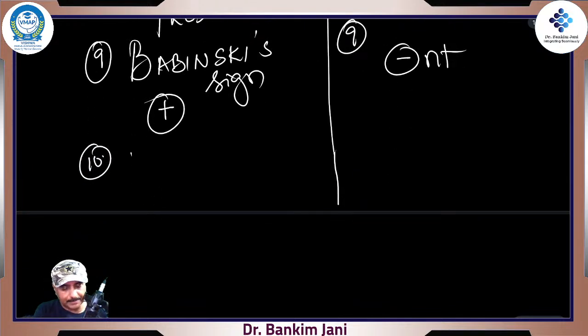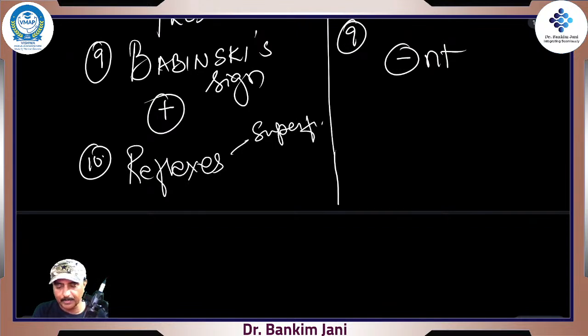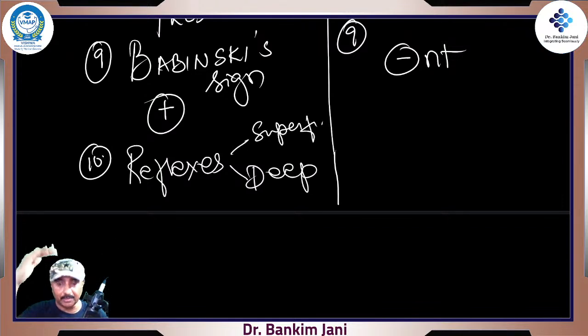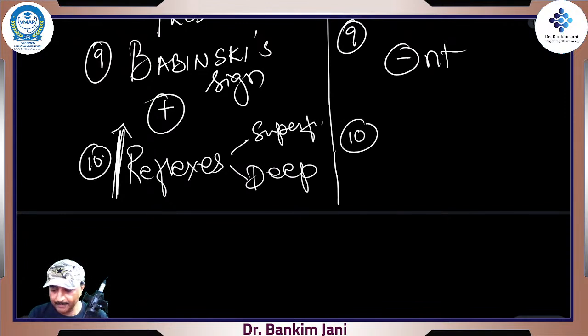So reflexes, superficial and deep, will be increased in cases of upper motor neuron lesion. While in lower motor neuron lesion, because reflexes are always handled by the spinal cord, if the cut is there, there is no point that any reflex would be there.